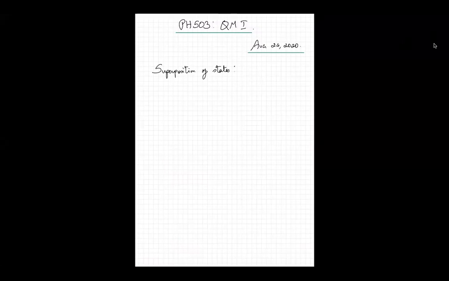This is basically the statement that we made last time, that I have to look upon any state, for example the state with plus z, as being a linear combination of something times a state with, let us say, plus x, and something times a state with minus x.